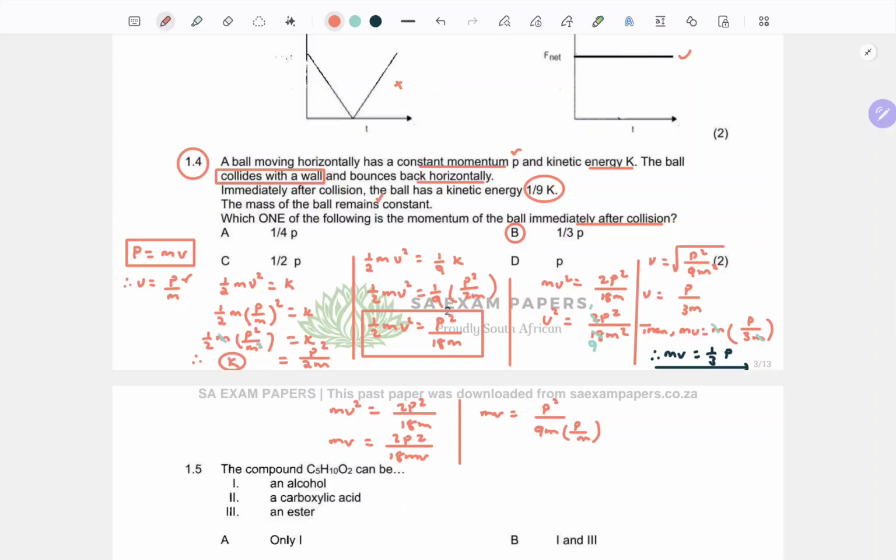This means mv, that's momentum, is going to be equal to, obviously the M's take each other out, P squared over 9P.